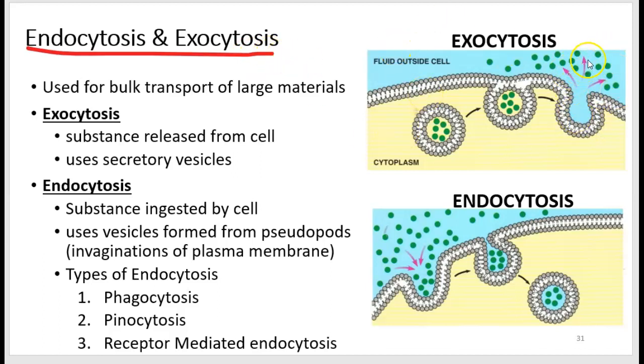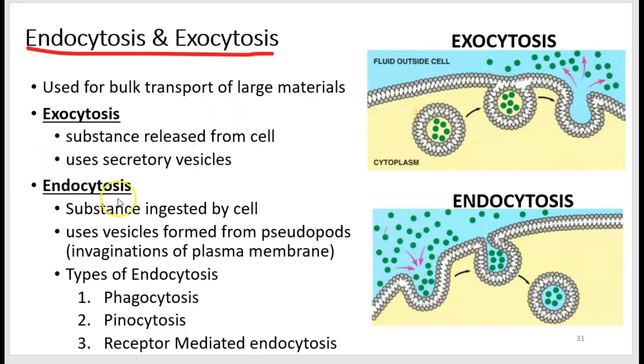Exocytosis means that the cell is expelling something. Endocytosis means the cell is taking something in. That's what endo means, within. Okay? Now, it's used for bulk transport. Large materials, even a whole cell, like if it's a white blood cell engulfing a bacterial cell. Bulk transport, lots of stuff.